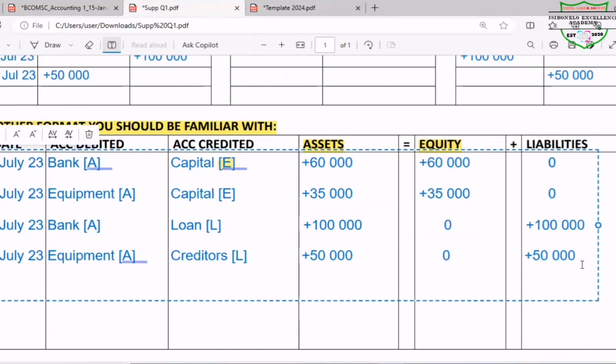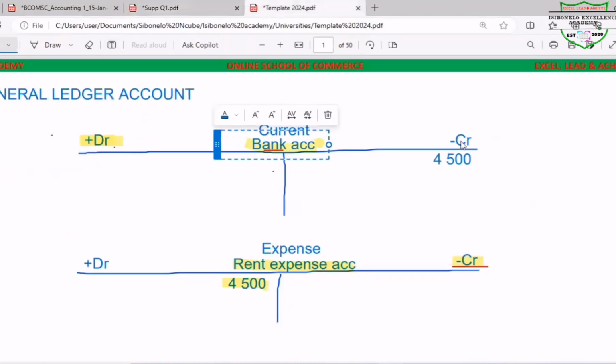The date is the 5th of July 2023. The account debited is expense, rent expense account. So rent expense account has been debited and bank account has been credited, 4.5.